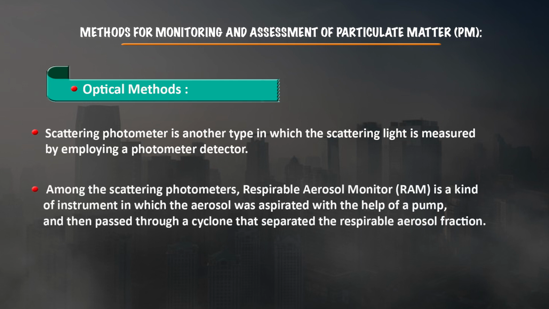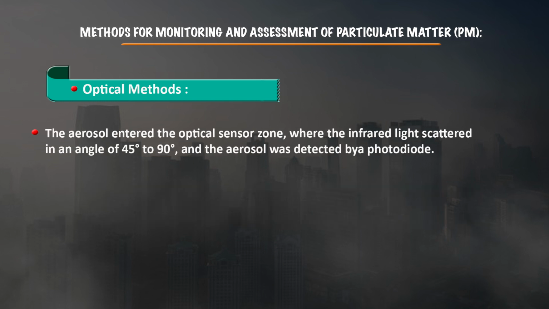Among the scattering photometers, the respirable aerosol monitor, RAM, is an instrument in which the aerosol is aspirated with the help of a pump, then passes through a cyclone that separates the respirable aerosol fraction. The aerosol enters the optical sensor zone, where infrared light is scattered at angles of 45 to 90 degrees, and the aerosol is detected by a photodiode.